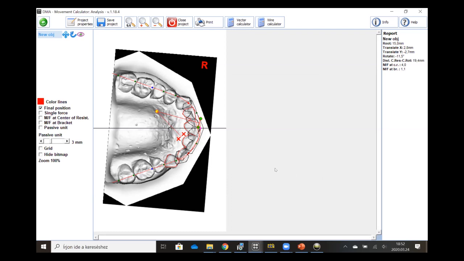Now, if you have seen this, you can see the line of action of the force. Single force. And you see that the line of action of the force passes in the middle of the right central. What does it mean?